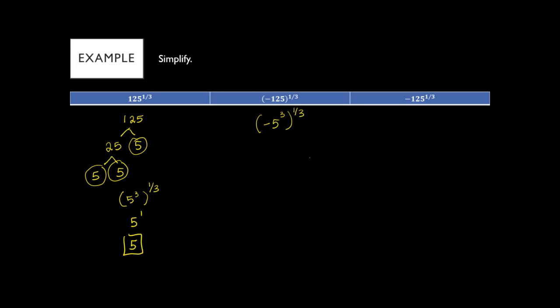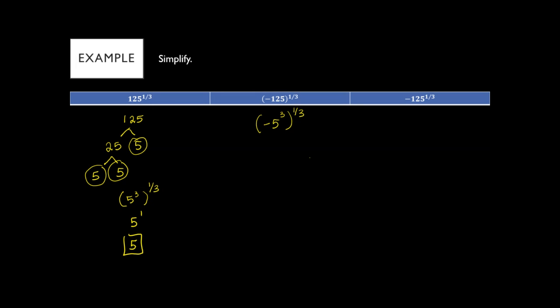So I can't just do negative 5 to the 3 times 1/3 first. I have to first determine, am I going to have a complex number? And that's with square roots. So we have a cubed root because it's a 1/3, so we don't need to worry about that.